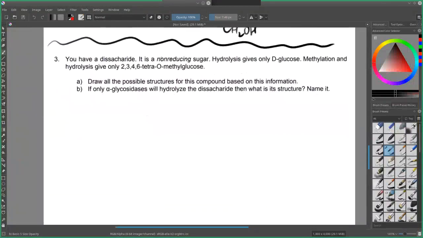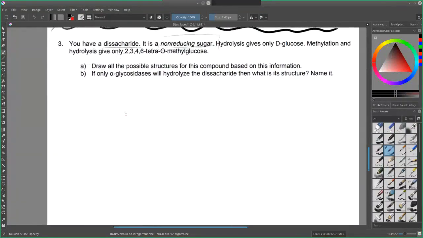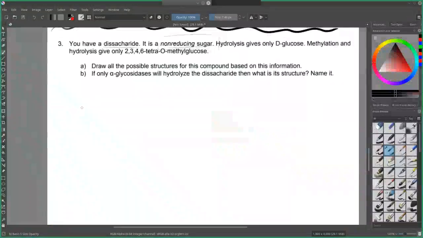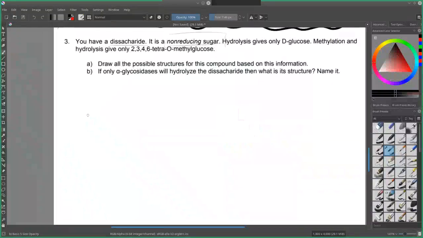So we have a disaccharide, and it is a non-reducing sugar. Okay. So I didn't mention anything about non-reducing sugars before, but what can you tell me about non-reducing sugars? What is different about them that makes them non-reducing?